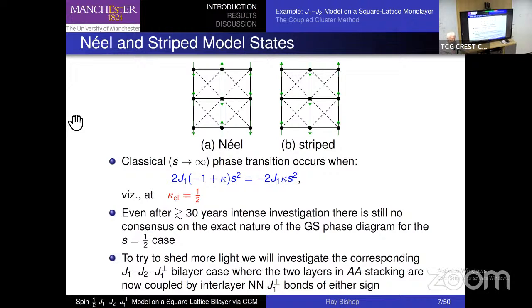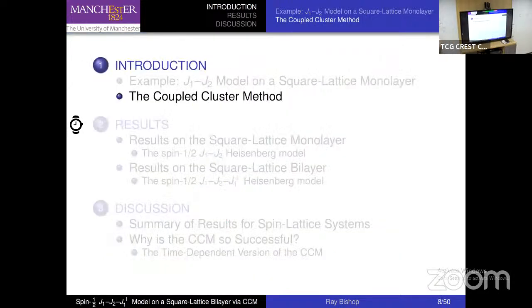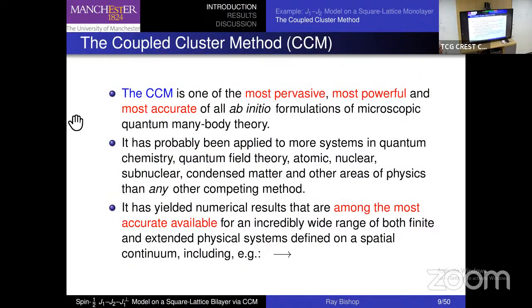It's a prototypical problem because it's one of the most studied, and it is, in some sense, as simple a frustrated problem as you can get. This class of problems is highly, highly non-trivial. Okay, that's the one that we're going to start with.